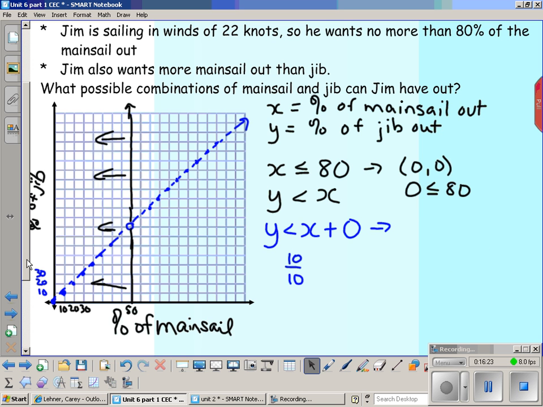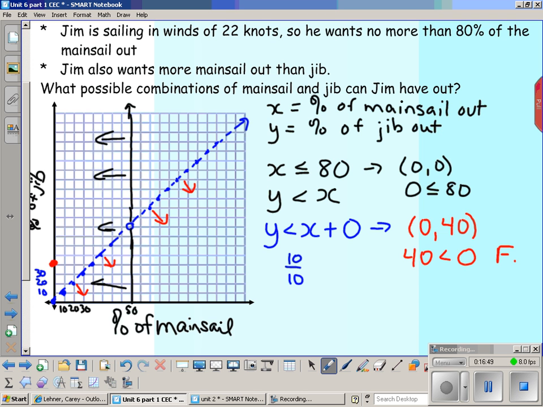We need to choose something else. So let's choose the test point. Again, zeros work pretty well. So why not use this point up here? It's definitely above that line, and it is at 0, 40. So the y is 40, the x is 0. Is 40 less than 0? No, it's not. It's false. So that means we do not want to shade where our test point is.